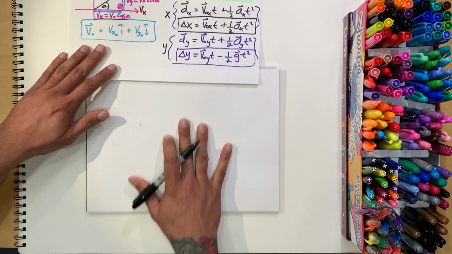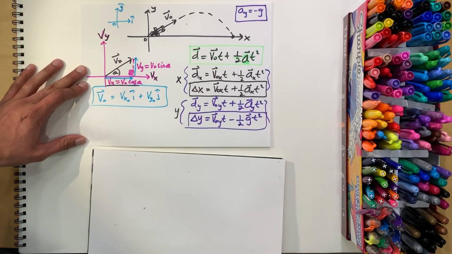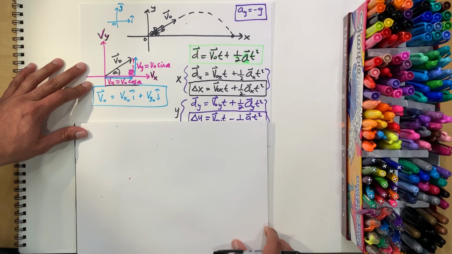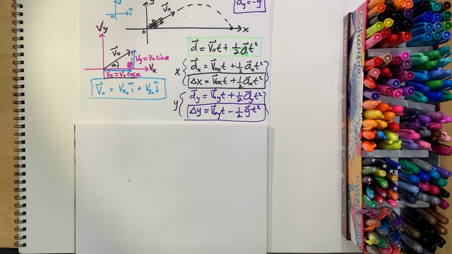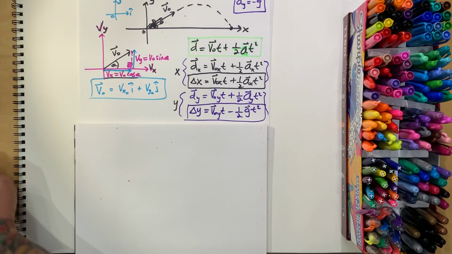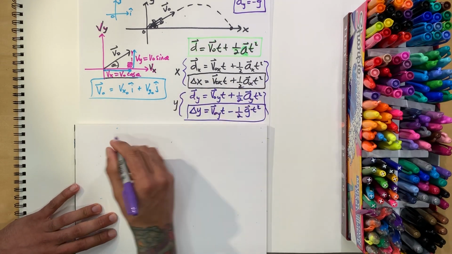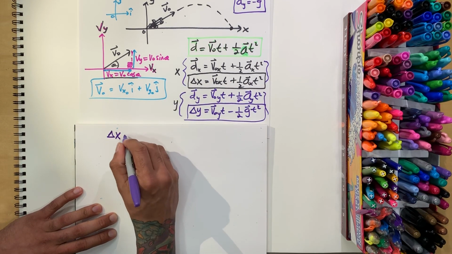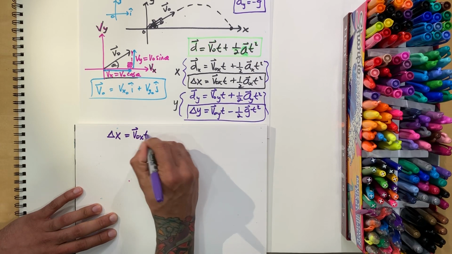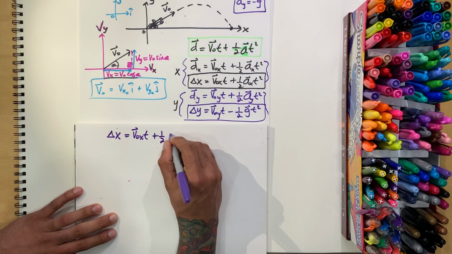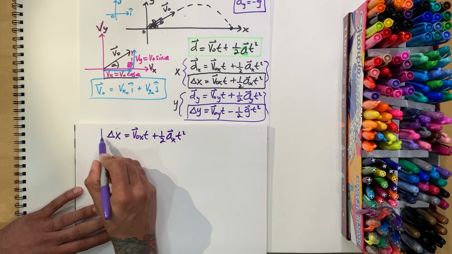So next, okay, let's make sure you can see, and of course you can't. All right, so now we got these two equations. Let's write them out in the front. Okay, I'm gonna put them here. So I'm gonna have the X one, change in X is equal to velocity initial in the X times time plus 1/2 acceleration in the X times time squared.